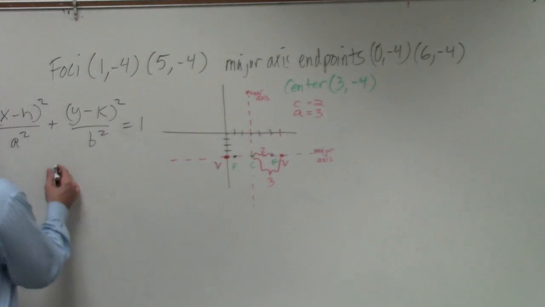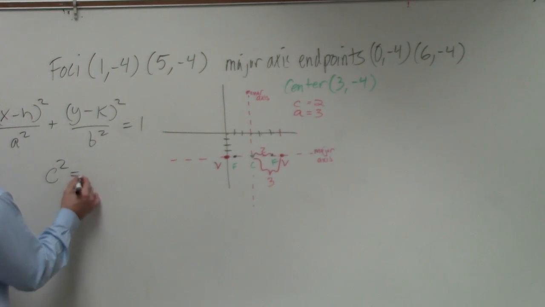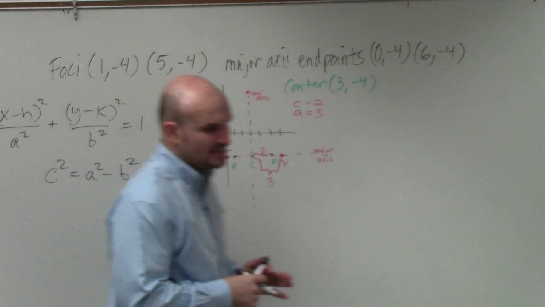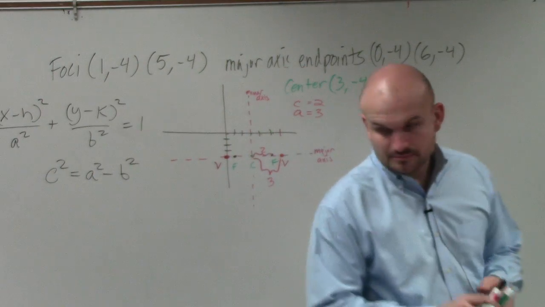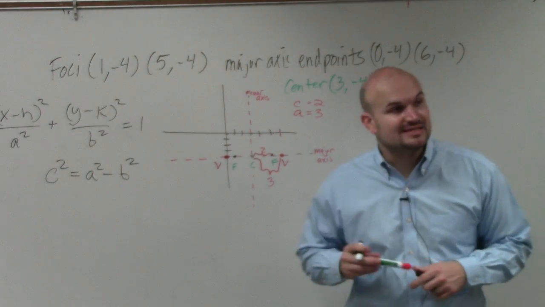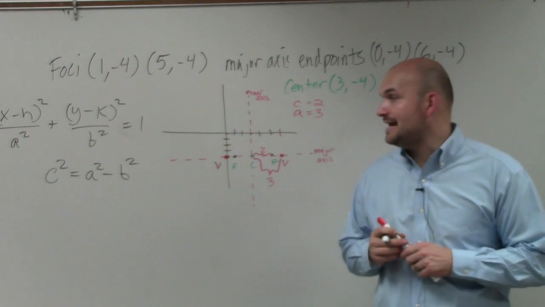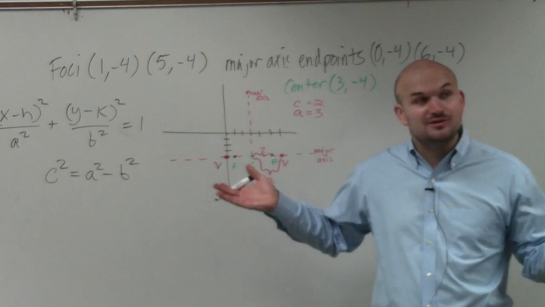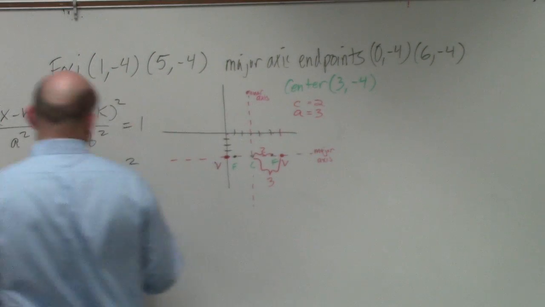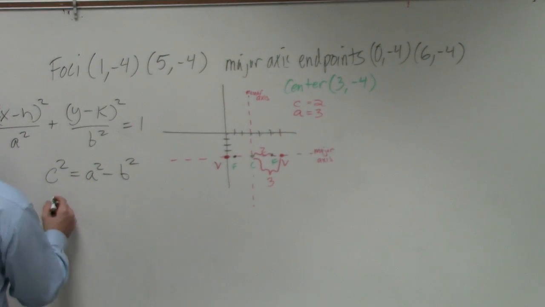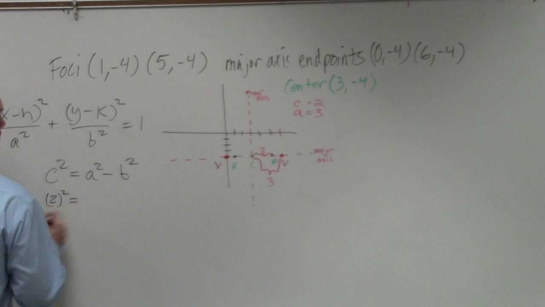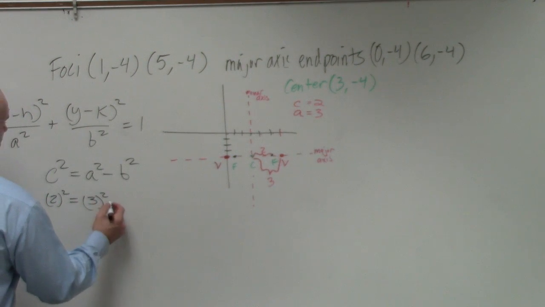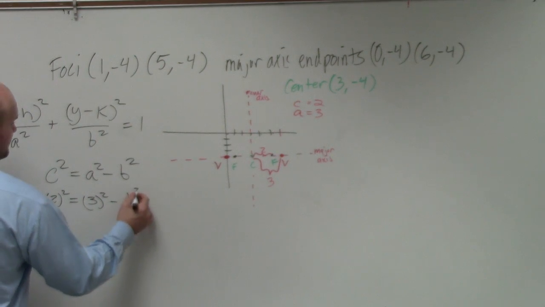The only thing that I didn't really show you, but we had it on the computer, was the relationship between a, b, and c: c squared equals a squared minus b squared. So now all we need to do is find b squared. So I find c, which is 2, so 2 squared equals a squared, which is 3 squared, minus b squared.